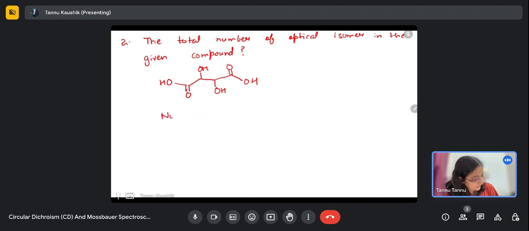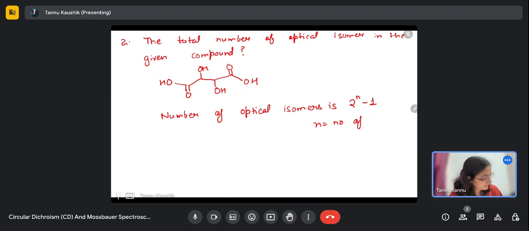So the formula for number of optical isomers is 2 raised to n minus 1, where n is number of asymmetric or chiral centers. Okay, so now tell me how many chiral centers are there in this molecule?